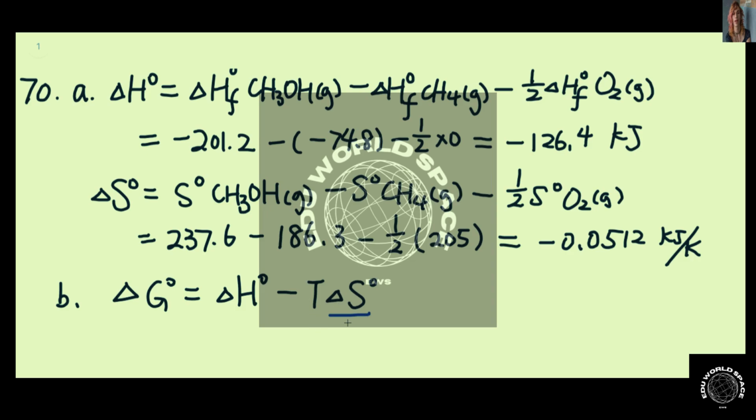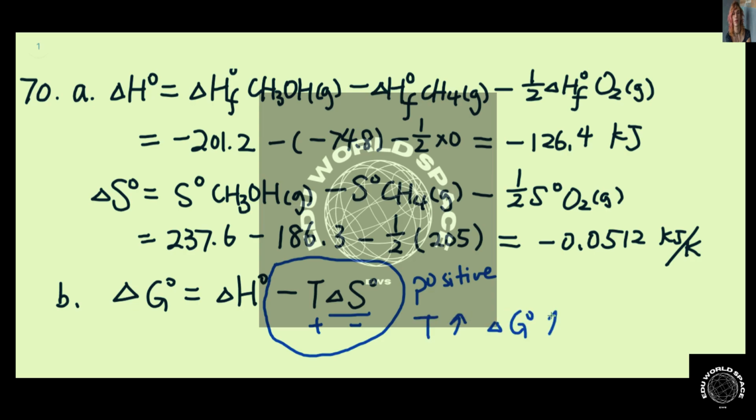Temperature is always a positive number. So this entire part will be positive. So when T increases, the number of delta G0 will increase. So delta G0 will become more positive as temperature increases.